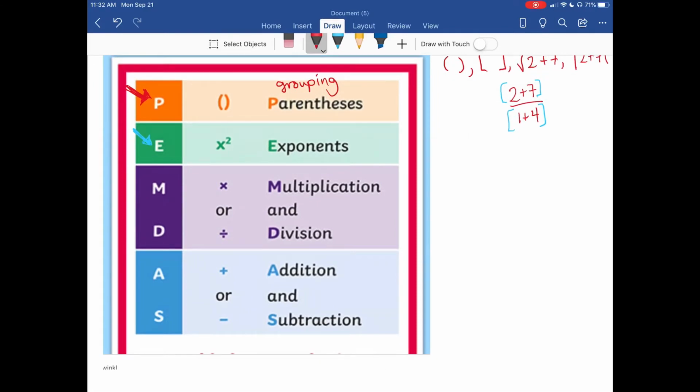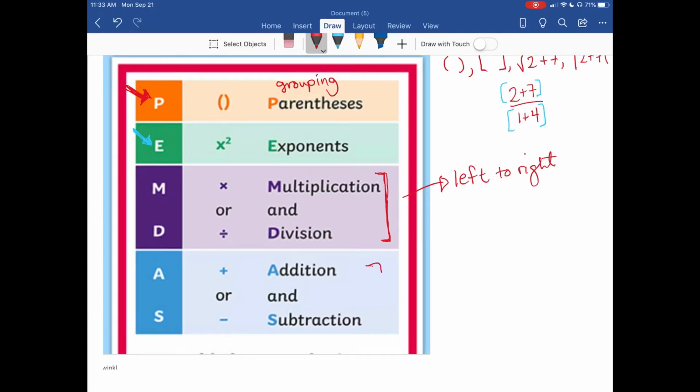Now let's look. You'll notice for these last two, they're in the same cell, right? And it's because we do multiplication and or division like we read in English. We go left to right. So if those operations are performed in the same expression, then I just go left to right, like I'm reading.